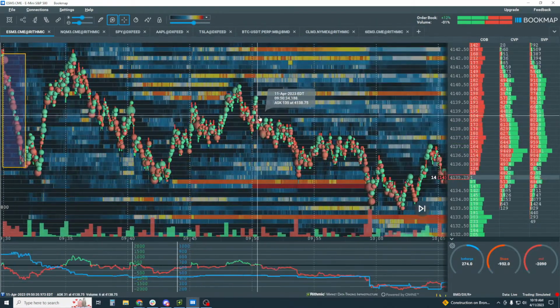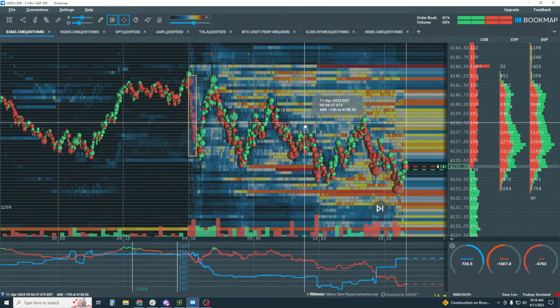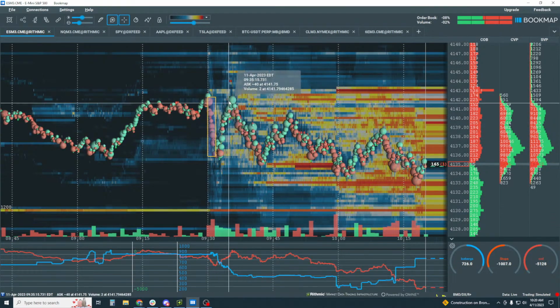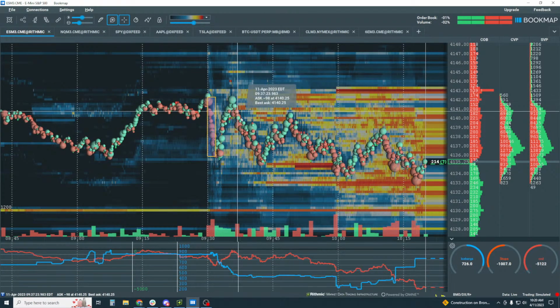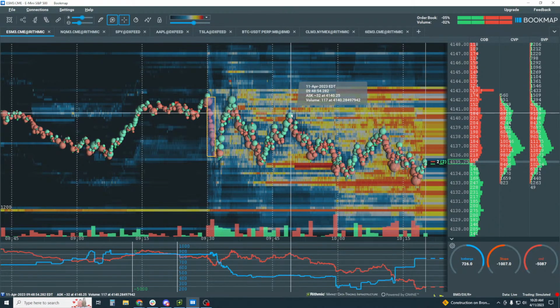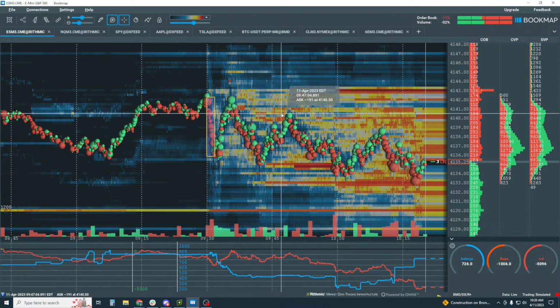Okay. So now we're not going to go through the whole thing here, but the big picture here is the sellers took control here. Buyers came right back. Sellers took it down again and made new lows. Buyers came right back, but they didn't make a higher high. They did not even make an equal high. Okay, so sellers remain in control here, right?